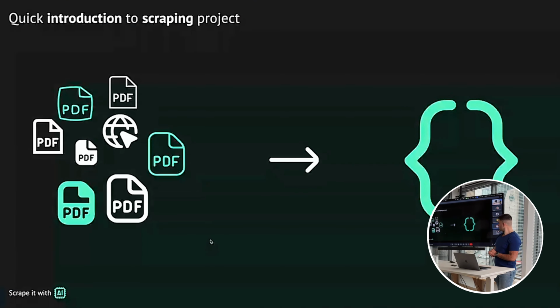First, a quick introduction to the project. From the customer, we received a list of URLs, a list of websites that pointed to a list of products. These products were mostly related to construction materials and similar materials.